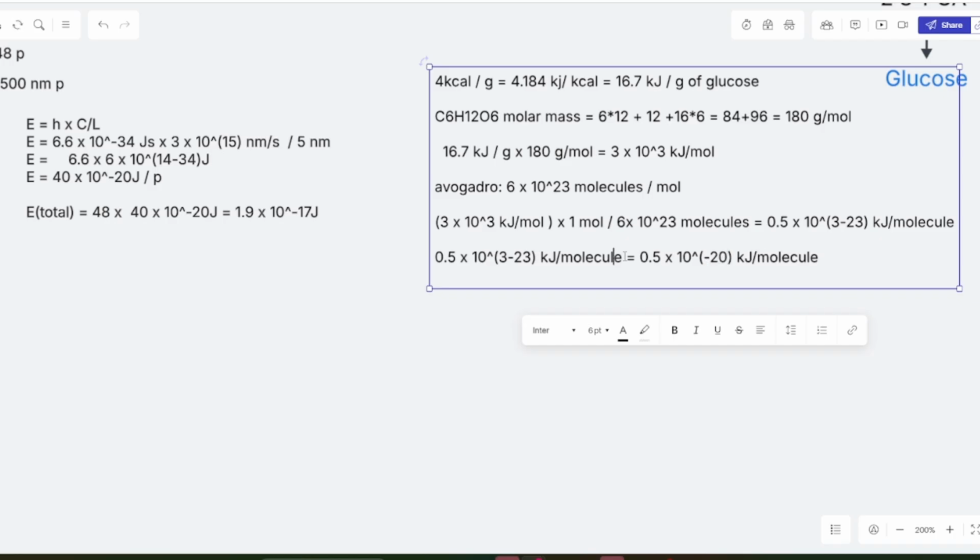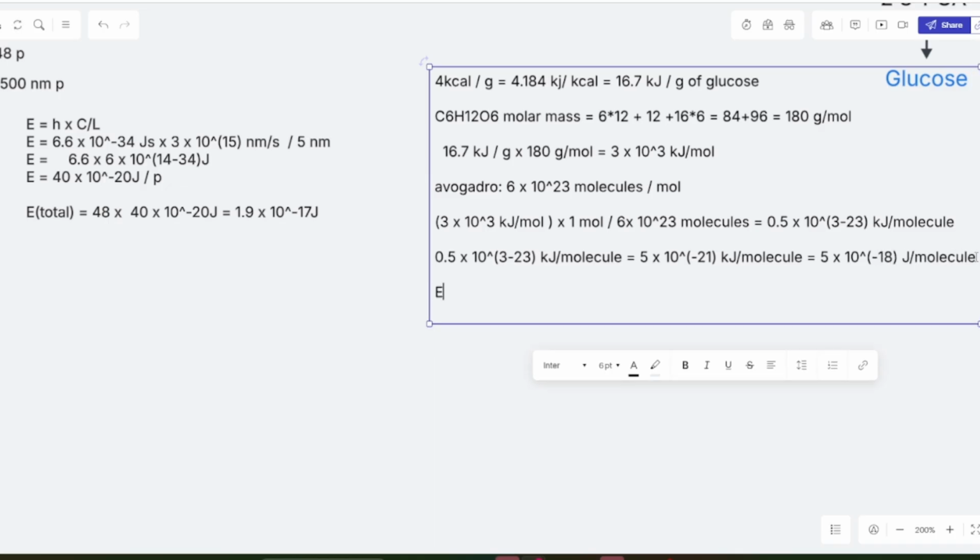Okay. And this 0.5, I'd like to turn this into a 5. So I'm going to multiply this side by 10, and therefore I need to divide this side by 10 to keep it equal. And I'd also like to get rid of this kilojoules, so I need to multiply by 1,000 to drop this kilojoule unit and keep it in joules. So multiplying by 1,000, we'll be turning this into minus 18. That's it. Now we need to calculate the energy efficiency.